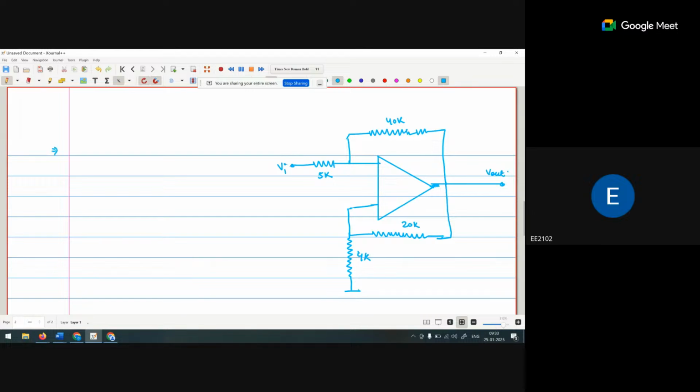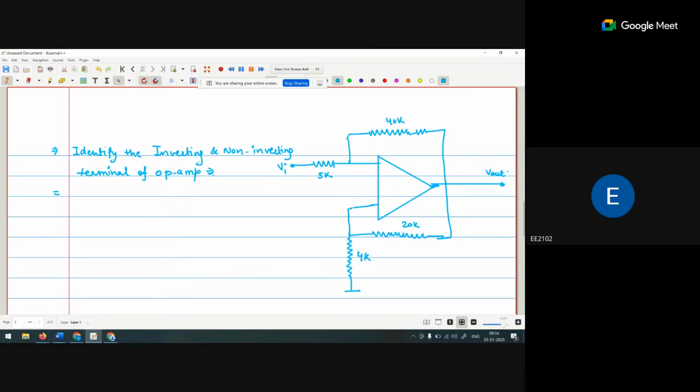First, identify the positive and negative terminal. In place of positive and negative, I am using inverting and non-inverting. Identify the inverting and non-inverting terminal of the op-amp.